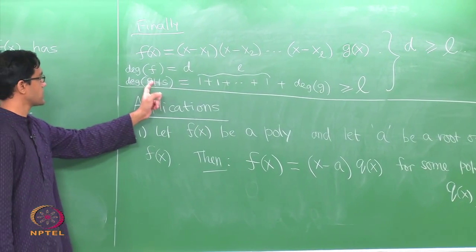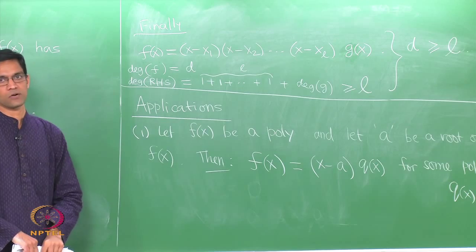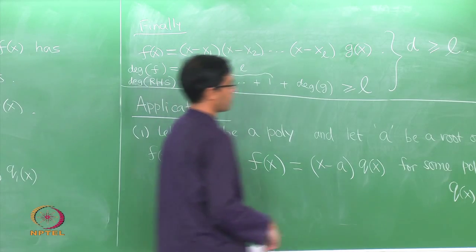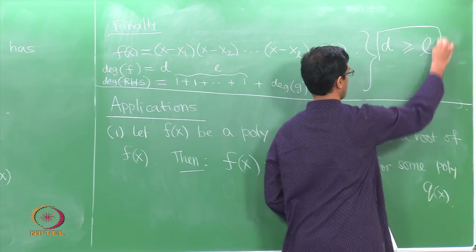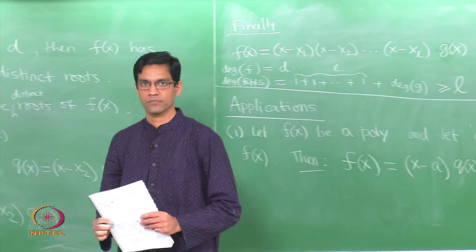So degree of the RHS is the same as degree of the LHS, which is D, so D is at least L, that is the conclusion, okay, and that is exactly what we wanted to conclude. So this was our claim that you can have at most L distinct roots, okay.